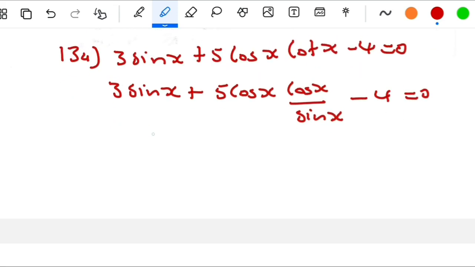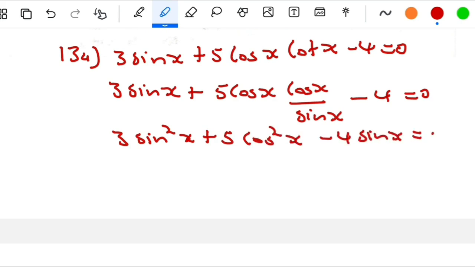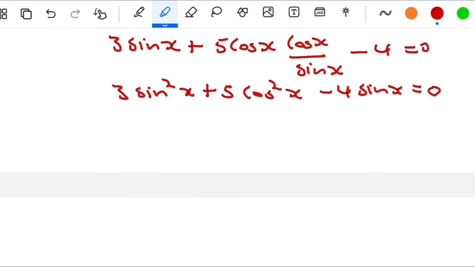Okay, so what can we do now? We can multiply everything by sine x, the denominator there, then get 3 sine squared x plus 5 cos squared x minus 4 sine x equals 0.